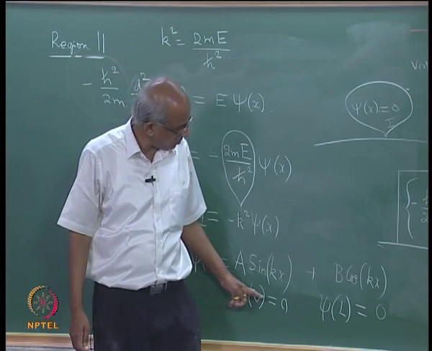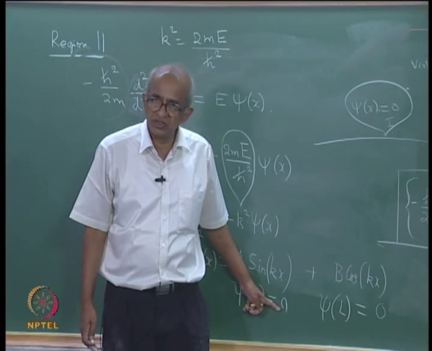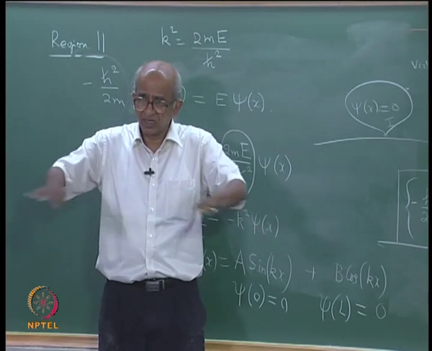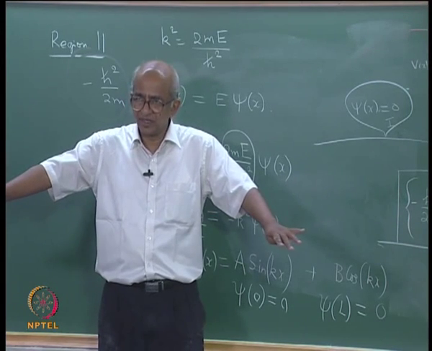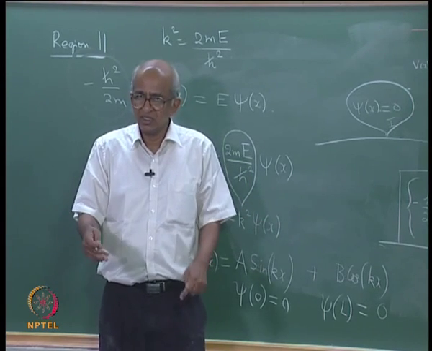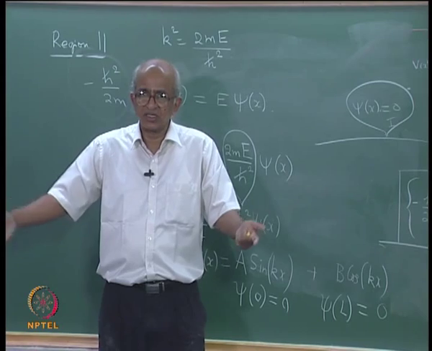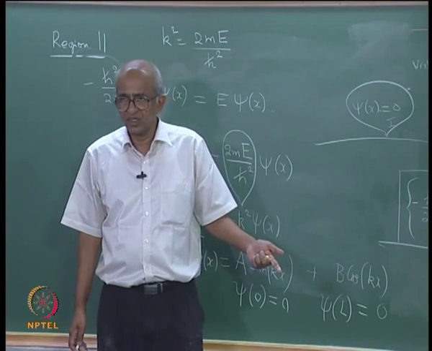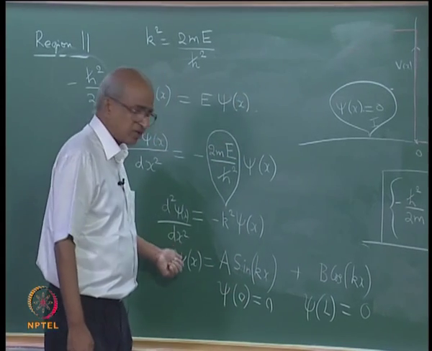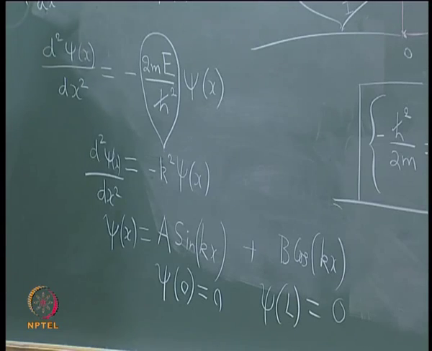So, at the boundaries, what should happen? The wave function should be equal to 0. Why? Because outside the box, the wave function is 0 everywhere. So, in order that the wave function is continuous, even at the boundary, the wave function has to be equal to 0, correct. So, we now will impose these two conditions on the wave function and see what the result is.